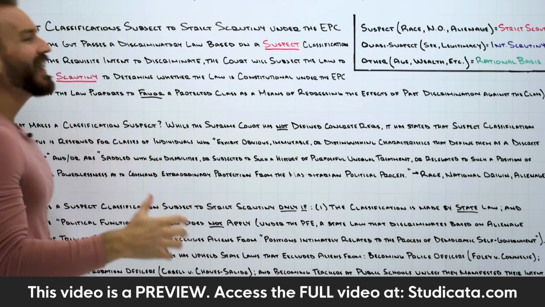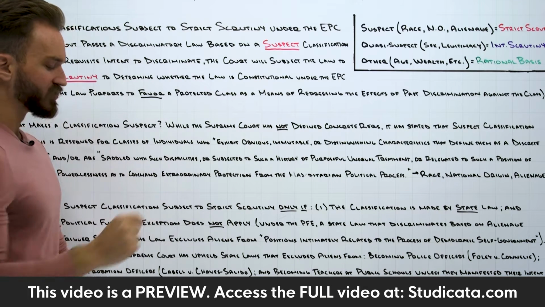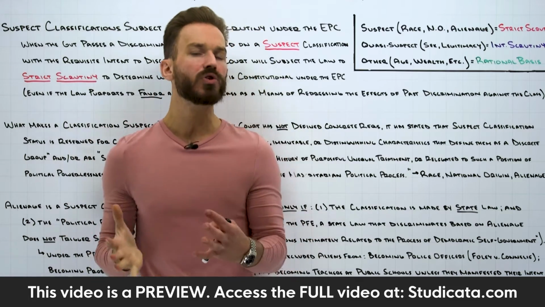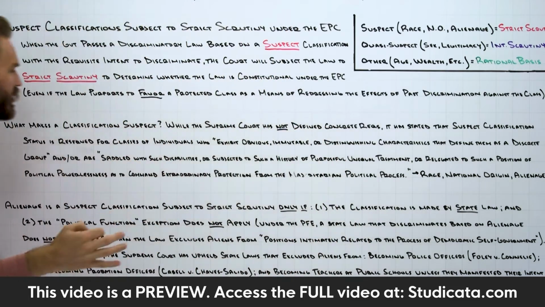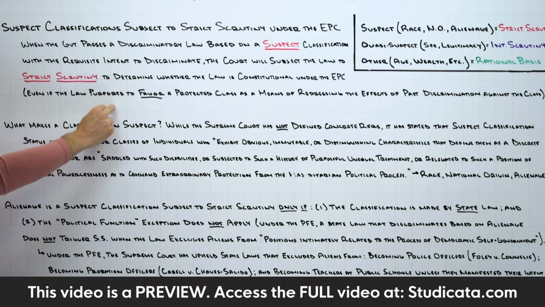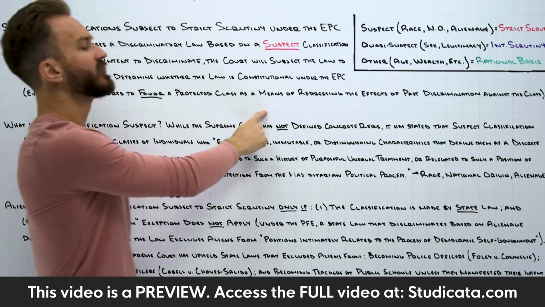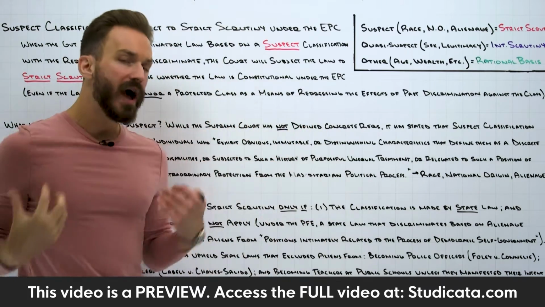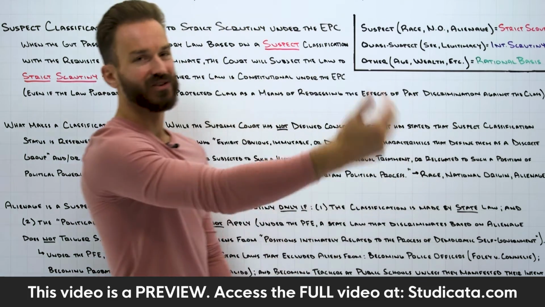However, there is a big exception here, and that's when the government is passing a discriminatory law, but it's so-called benign discrimination. Basically, when the law purports to favor or benefit a protected class as a means of redressing the present effects of past discrimination against the class.